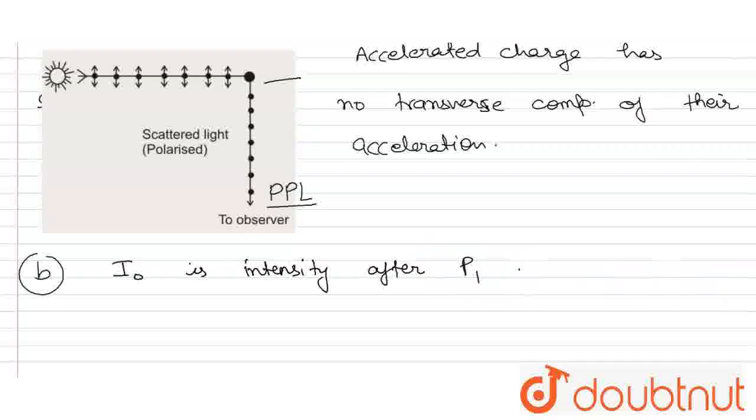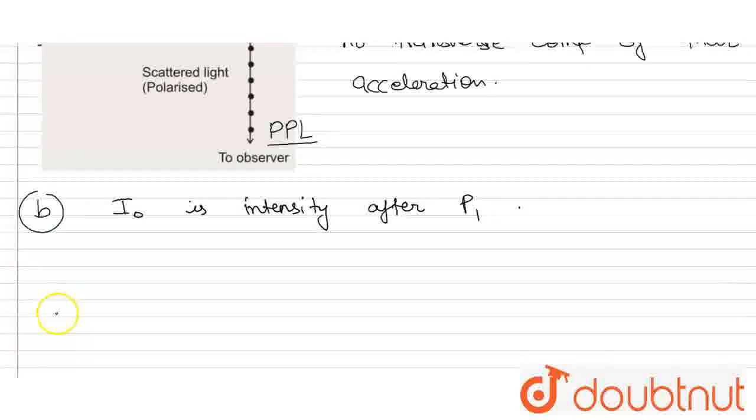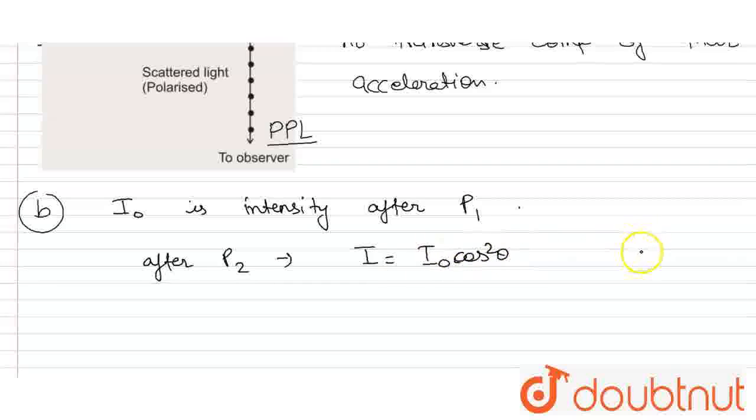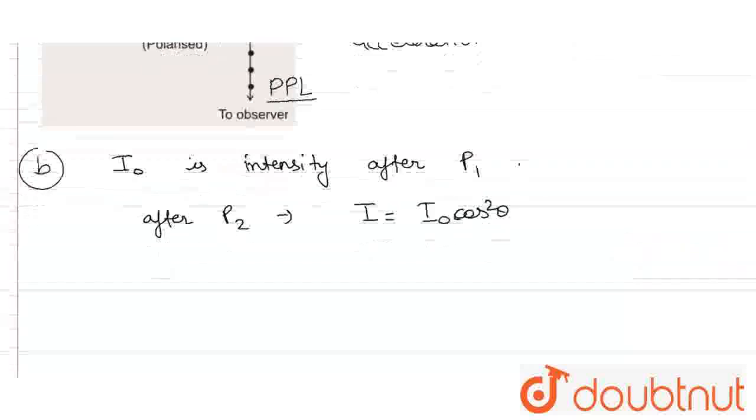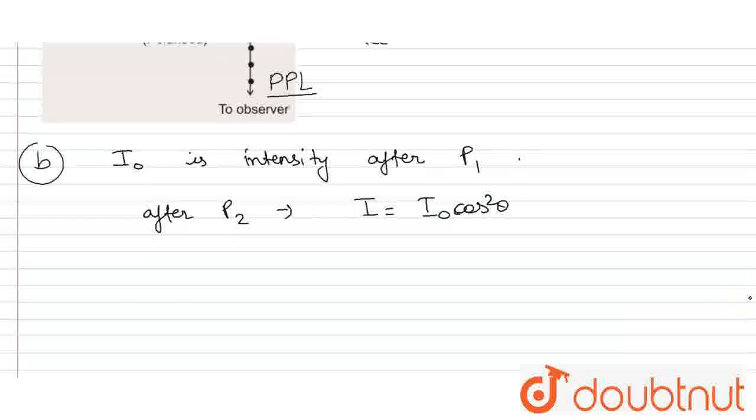So the intensity after passing through P2 will be, after P2 the intensity I will become I naught cos square theta. Since P1 and P2 are crossed, hence the angle between their pass axes will be 90 minus theta.